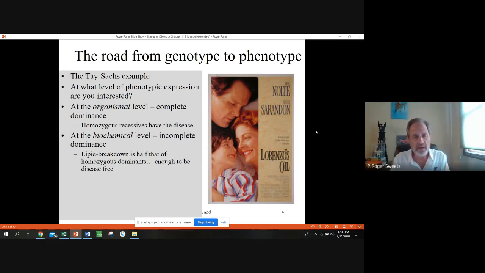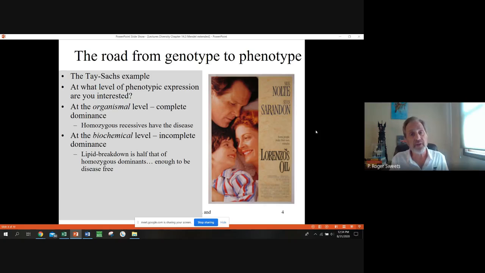Now, if we're looking at it at a heterozygous level, and we actually measure the amount of this enzyme that is produced that breaks down the lipid, it produces about half as much of this critical enzyme. That's because on your two chromosomes, only one allele is doing the work; the other one's not producing anything. A heterozygote will produce 50% as much of that enzyme as a homozygous dominant.